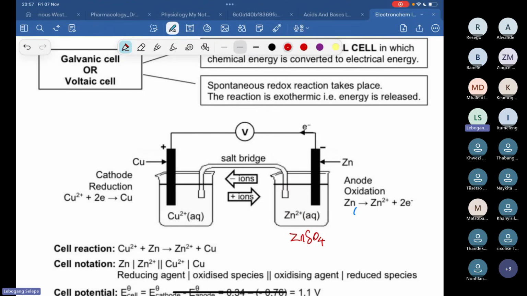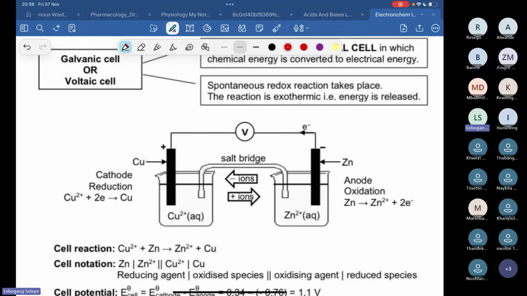Even though we don't show them here, in some cases they are there. It's not always the case that the negative ions would be SO4 2−. They can also be NO3− and many other negative ions.